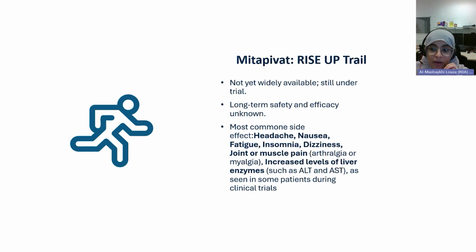And for the joint pain, by the way, the patients know if it's sickle pain, because they know what sickle pain looks like. So usually they can differentiate sickle pain from other pains. So joint pain and muscle pain can be side effects, but as I said, it is low grade, and sometimes it increases liver enzymes like ALT and AST, and needs to be monitored closely. Next slide.